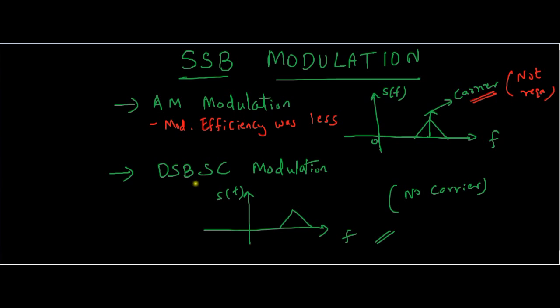That's how DSBSC modulation was born. It didn't stop there. We can even increase the efficiency, and that's how our recent SSB modulation came into the picture. So we'll see about SSB modulation.